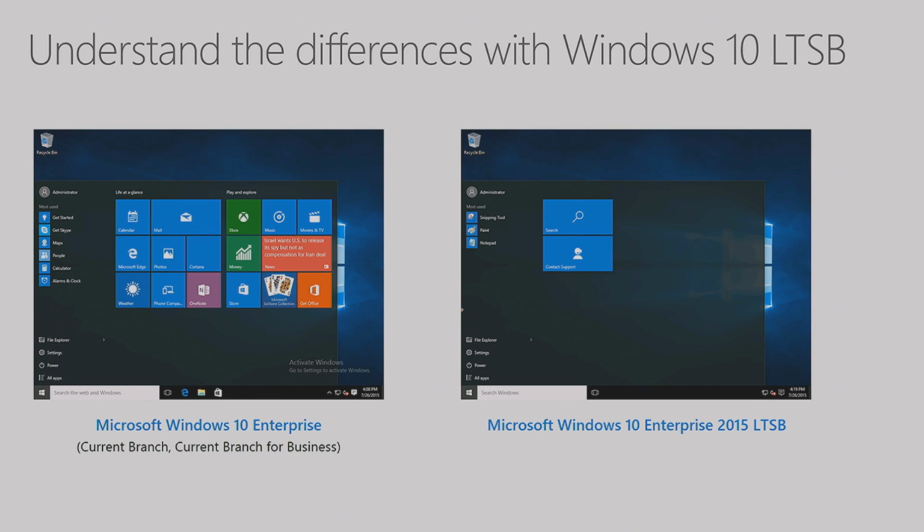There are a few that are critical to using Windows 10, like the Settings app, so that's still included, but most of the others are removed. That then results in a pretty different look when you look at the Start menu on a clean installation of these. So make sure you understand the differences, make sure you understand what you're giving up if you go with an LTSB installation.